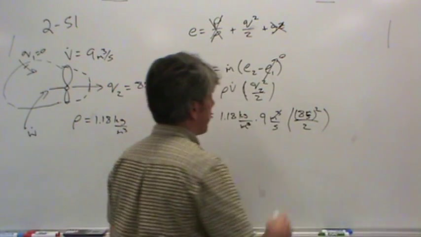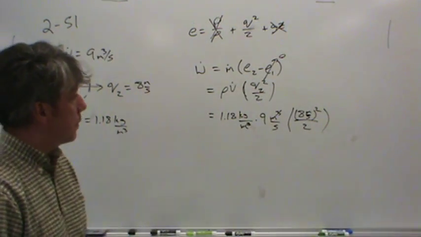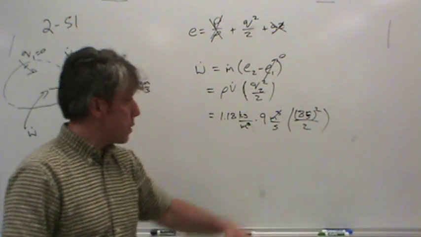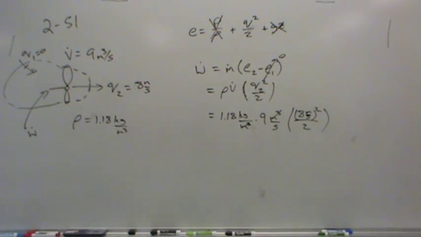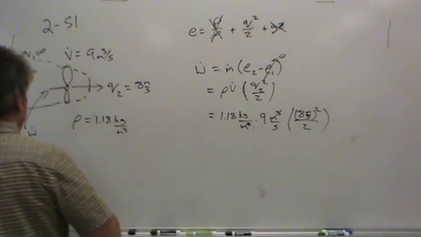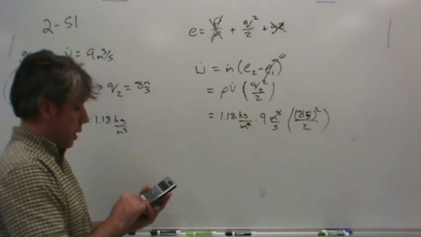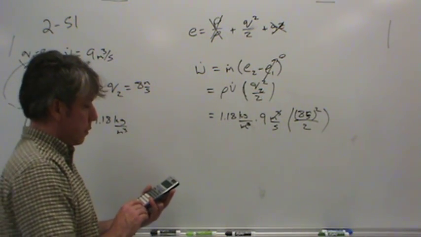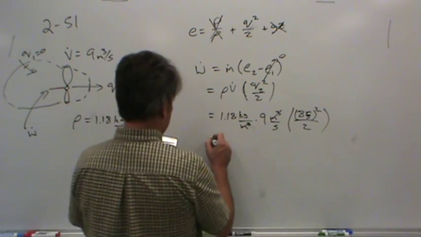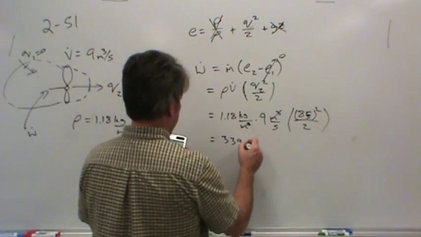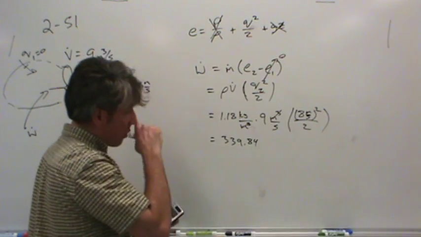We have to divide by 2. So 64 over 2 is 32. We need 32 multiplied by 9 and multiplied by 1.18. So let's see what we get. 1.18 times 9 times 32 is 339.84. What units do we have?